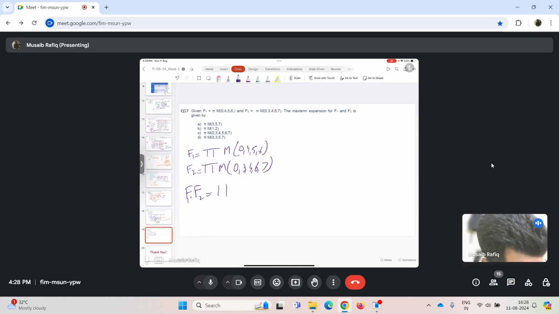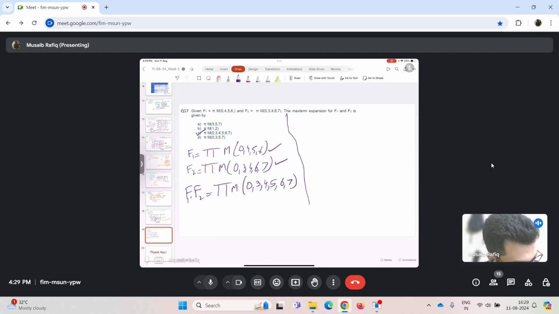It will have max terms that are either present in f1 or present in f2. So its POS form will be 0, 3, 4, 5, 6, 7, either in this or in this. So that is option C.